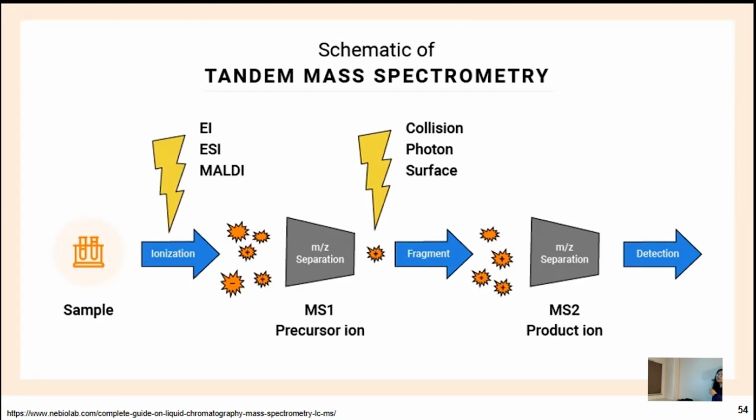Then in tandem mass spectrometry, only one molecular ion is picked and then it is further fragmented, producing product ions. Each of the ions has a specific mass by charge ratio. Based on this fragmentation pattern and this mass by charge ratio, the molecular structure of the compound is determined.